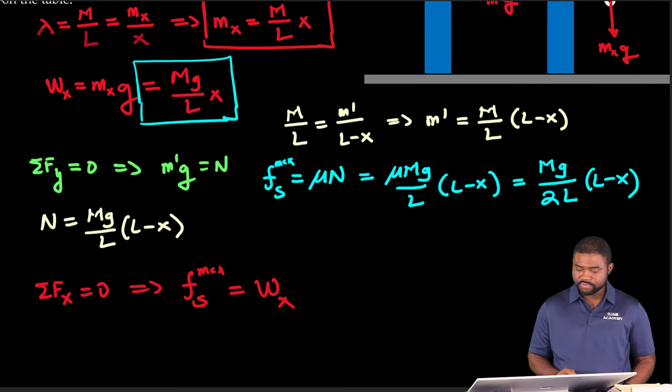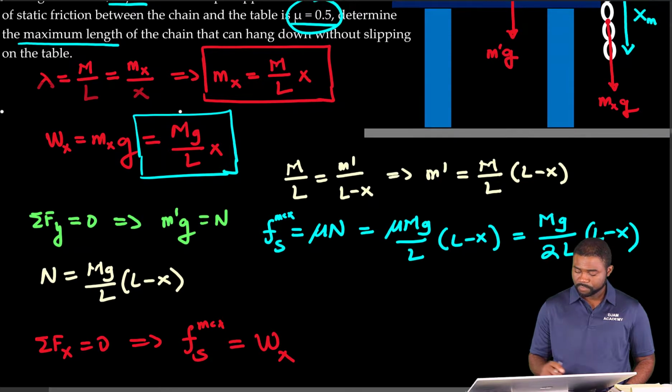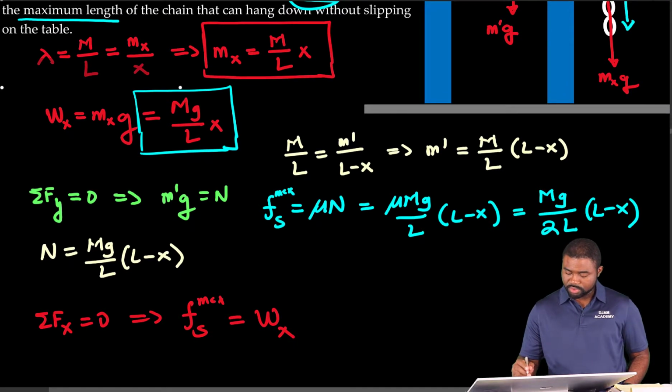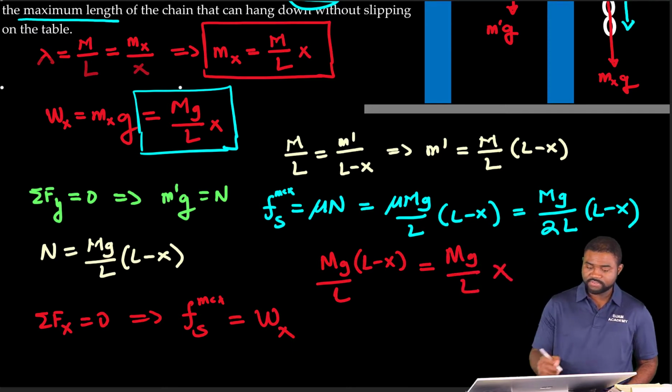In other words, capital Mg bracket L minus X over L will be equal to capital Mg over L multiplied by X.